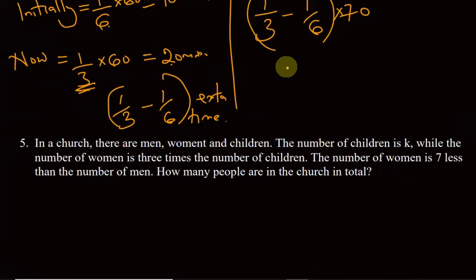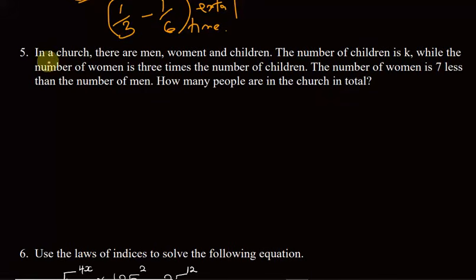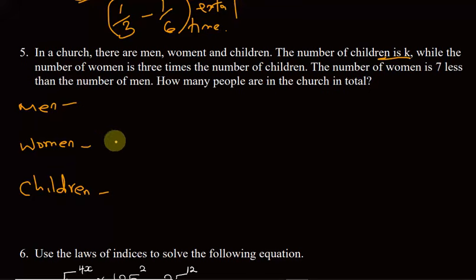So, next question. In a church, there are men, women, and children. Okay, we write that. We have men, women, and children. The number of children is K. So we write children is K. While the number of women is 3 times the number of children.